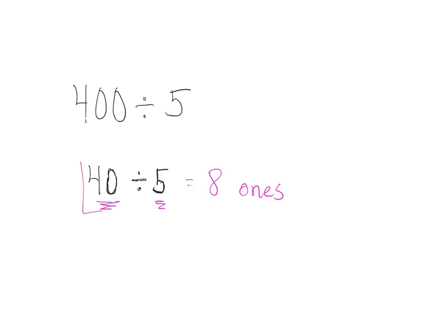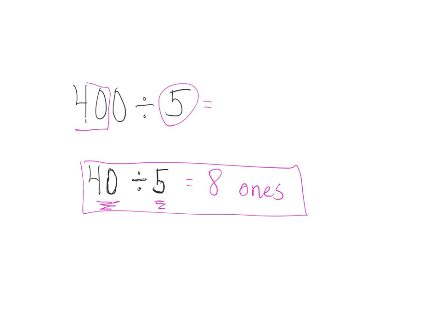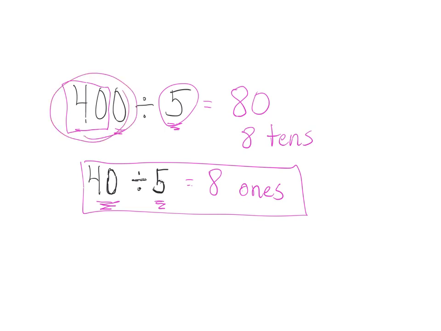Well, if we know this fact, then we're going to know what this one is, because 5 goes into 40 eight times. 8 with that extra 0 is 80, so we have 8 tens. 8 tens times 5 is 400.